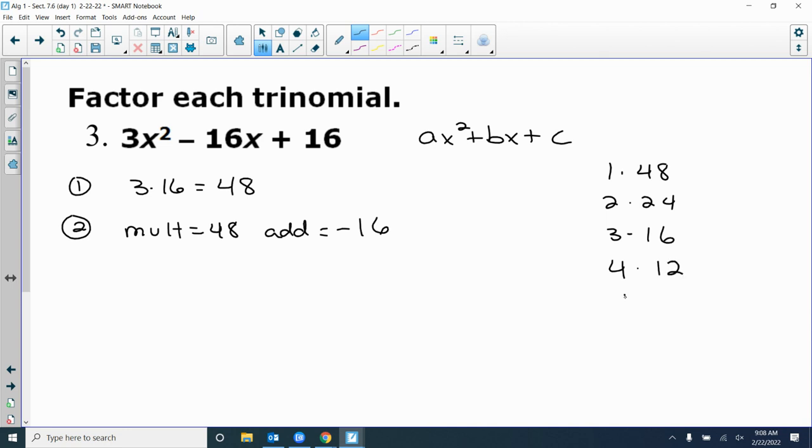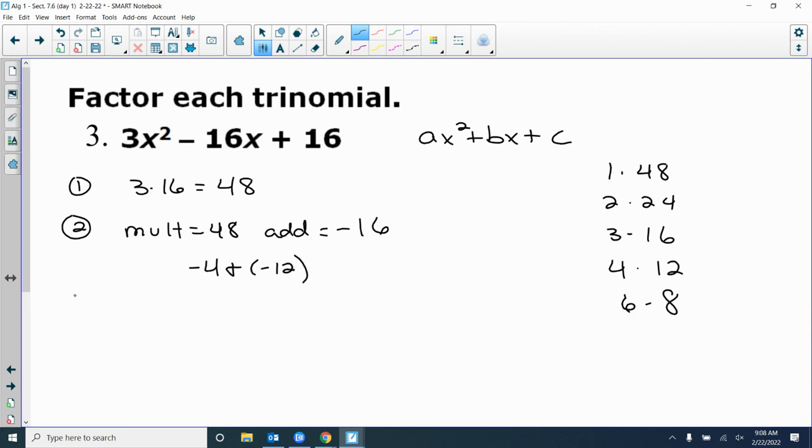And then 6 times 8. I don't think there's anything else. Out of those groups, which 2 numbers work? Maddie? 4 and 12, but I've got to make them both what? Negative. So it's going to be negative 4 and negative 12.